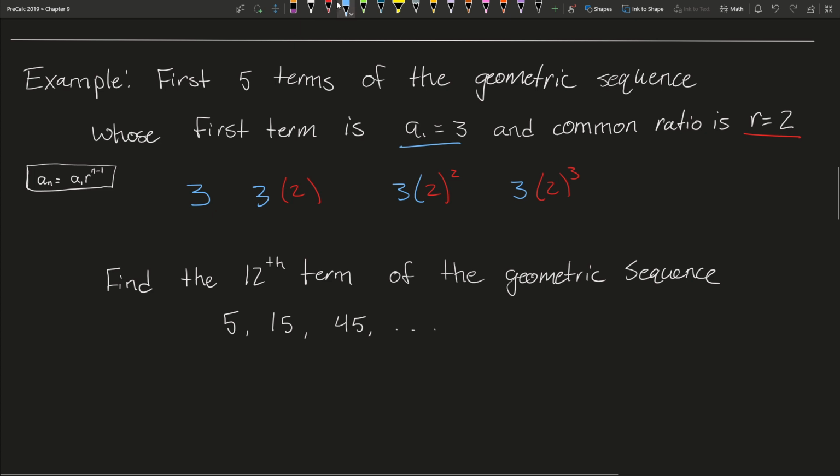And our fifth term would be 3 times 2 to the fourth. And then we would just simplify that, right? So 2 to the fourth is 16. 16 times 3 then is 48. So 48 is our answer.